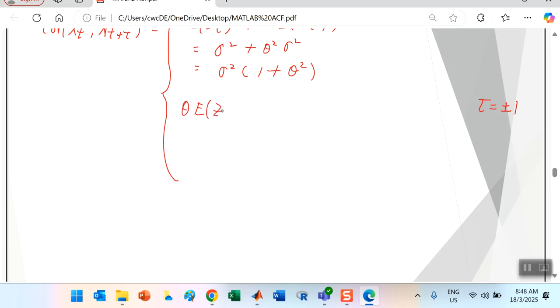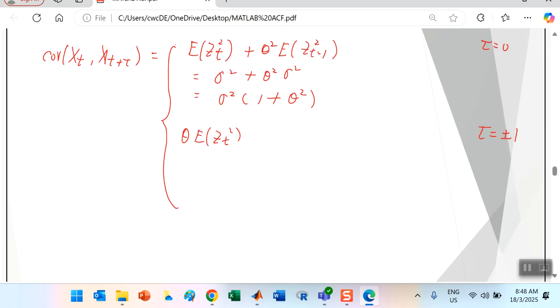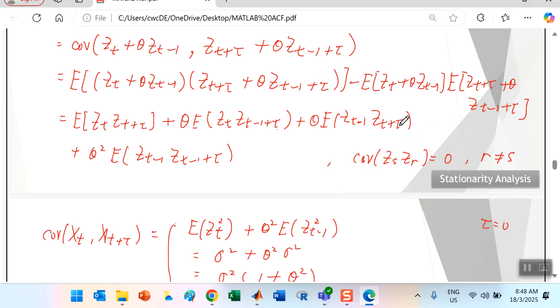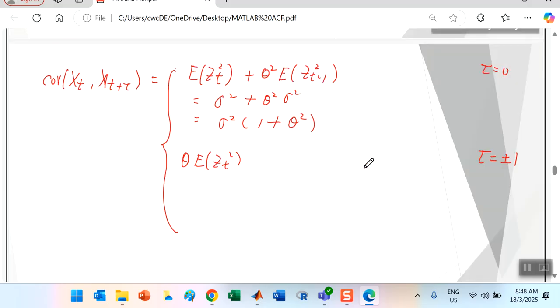The rest of the terms, t minus 1 with t plus 1, and t minus 1 with t, will be 0. So the only value is theta sigma squared.